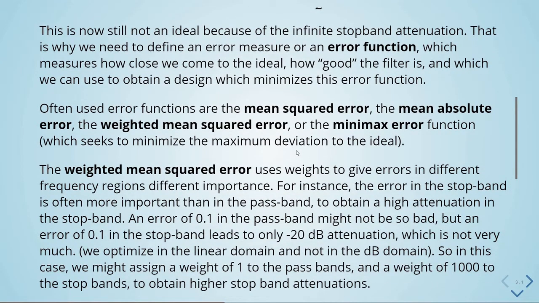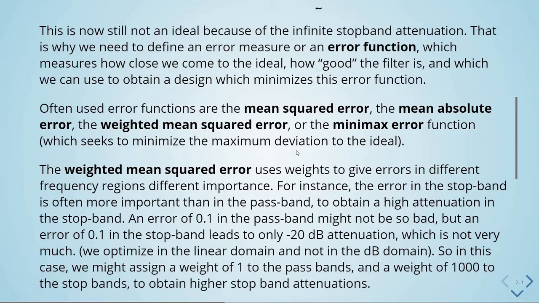The weighted mean squared error uses weights to give errors in different frequency regions different importance. So for instance, the error in the stop band is often more important than in the pass band to obtain a high attenuation in the stop band. An error of 0.1 in the pass band might not be so bad, but an error of 0.1 in the stop band leads to perhaps only minus 20 dB attenuation, which is not very much.